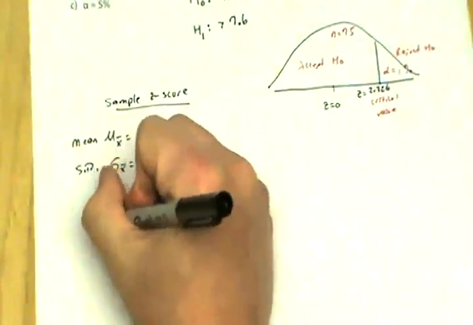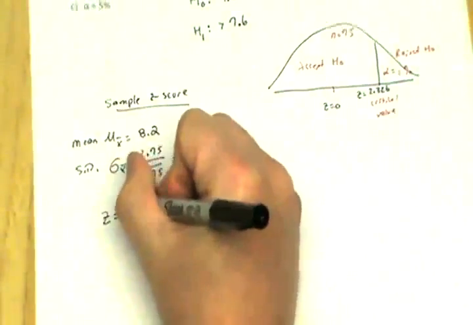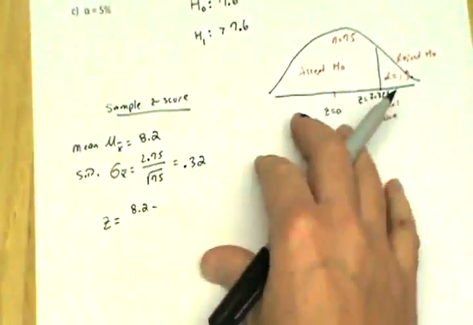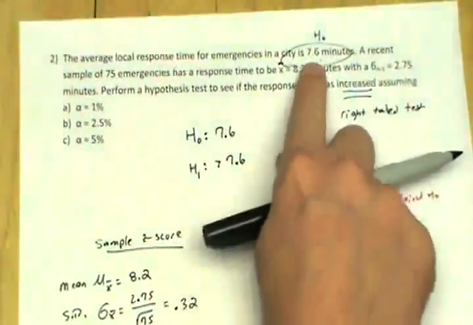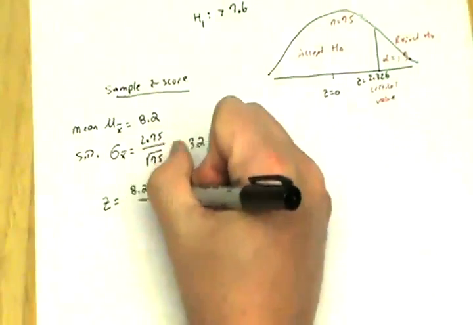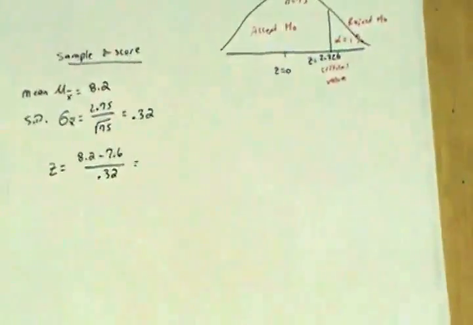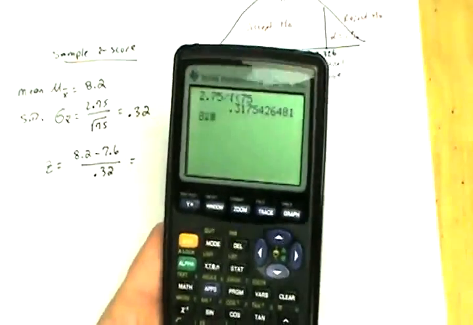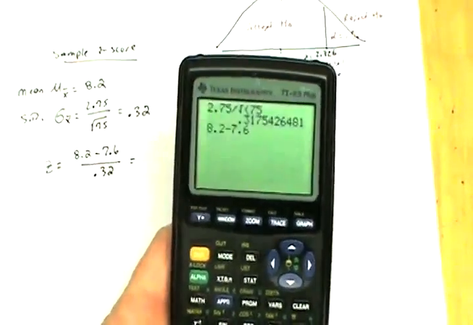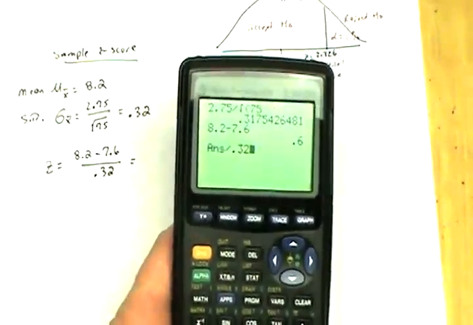Now we want to find our z-score. So data, which is our sample mean, 8.2, we're going to subtract the mean, which they stated was 7.6, and we're going to divide that by our standard deviation of 0.32. All right, so 8.2 minus 7.6, we're going to divide that by 0.32.